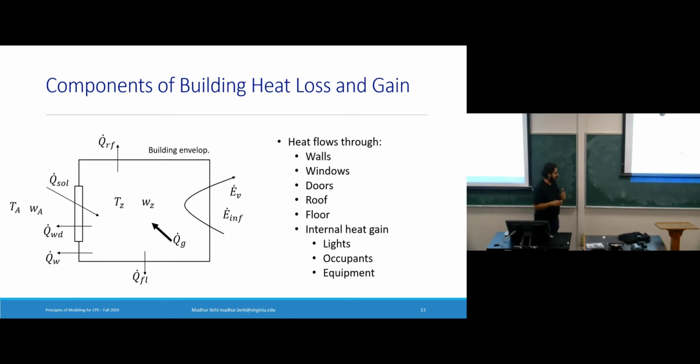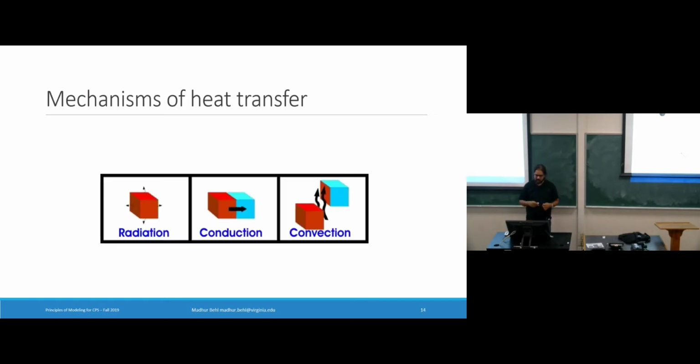Are we talking about the heat flow through a surface or a wall, or are we talking about heat flow through a fluid or the zone air or a gas? So this is again going back to maybe high school. The mechanisms of heat transfer are generally known: conduction, convection, and radiation. Visually, this helps to know what this is. Conduction is heat transfer through physical contact.